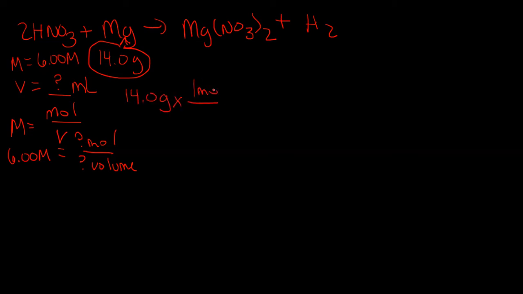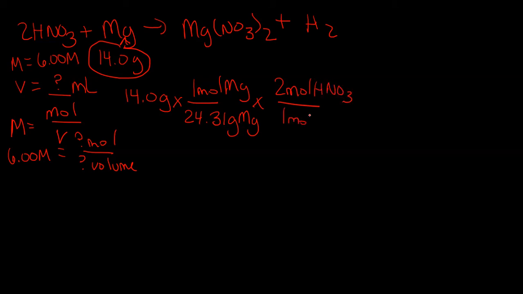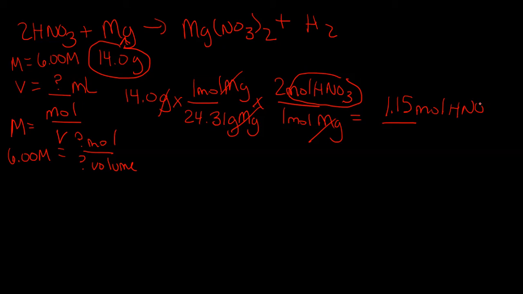So let's take the 14 grams, get it into moles of magnesium and then into moles of nitric acid. Your setup should have looked something like this. Notice our grams of magnesium cancel, moles cancel, and we're left with moles of nitric acid, which gives us 1.15 moles of HNO3.